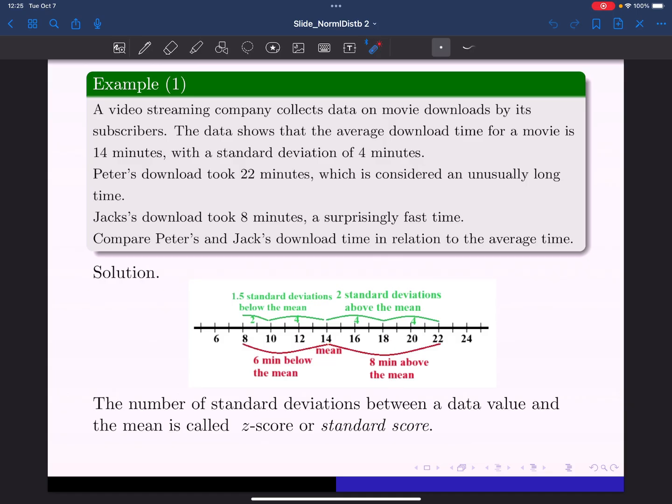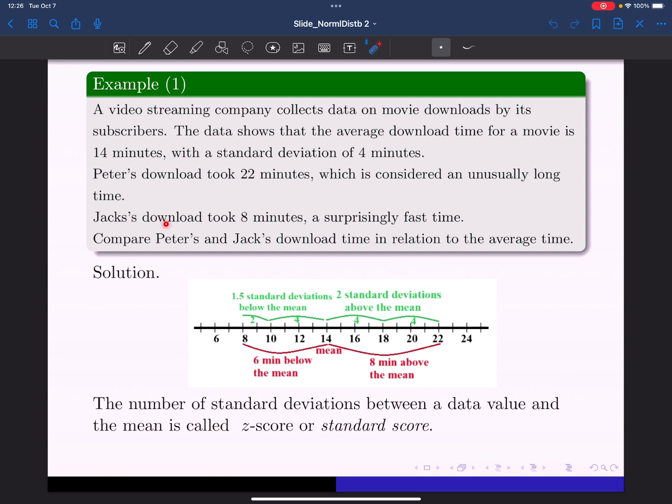Okay? And if the standard deviation is 4 minutes, so here is 4 minutes and another 4 minutes. So this 8 minutes is nothing else but 2 standard deviations above the mean. So he was 2 standard deviations away from the average.